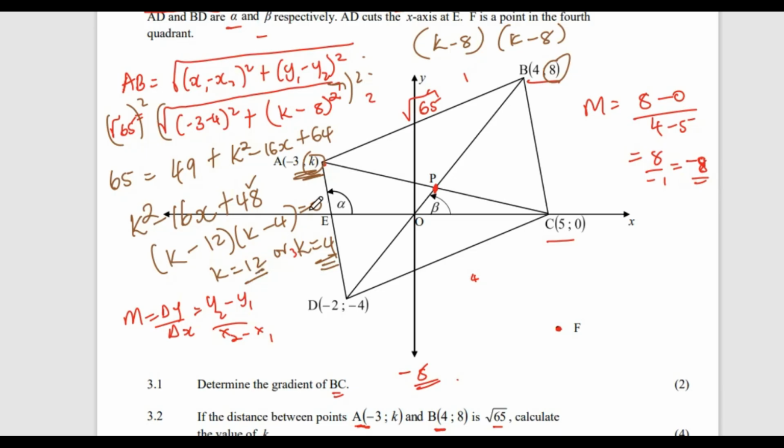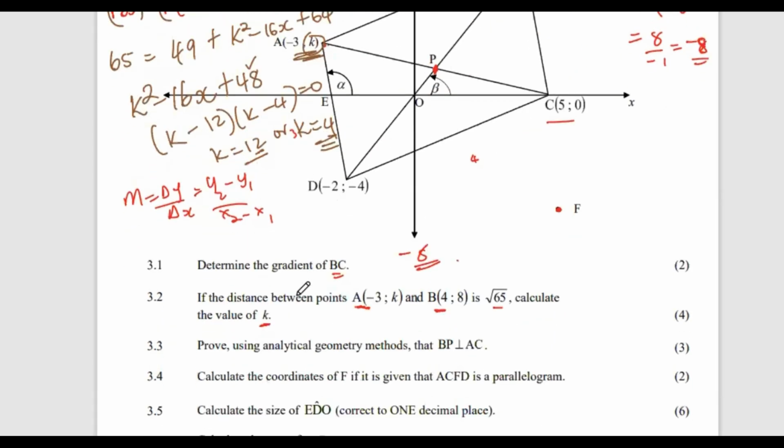This simply means at y 12, the distance between A and that point is still going to give us root 65. So in this case, since we are saying that k is below this 8, then we're going to take k to be a 4. Okay, so I'm saying k is a 4. That is according to the interpretation of the drawing.